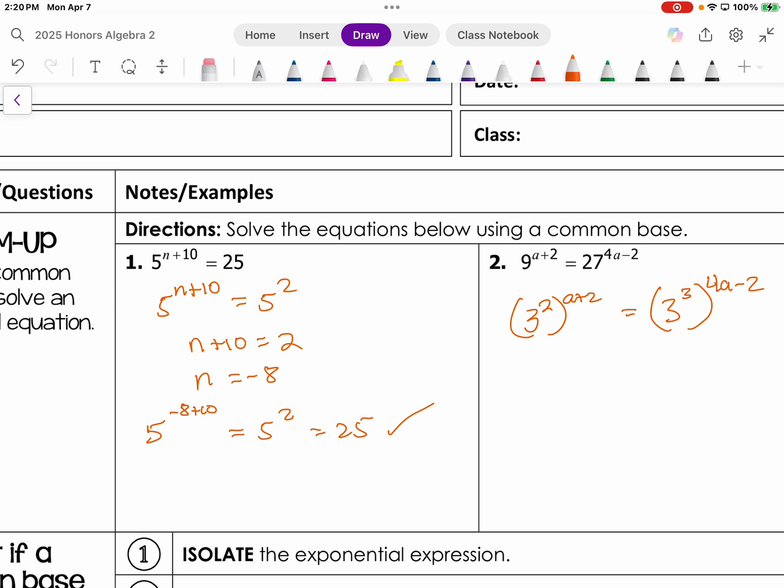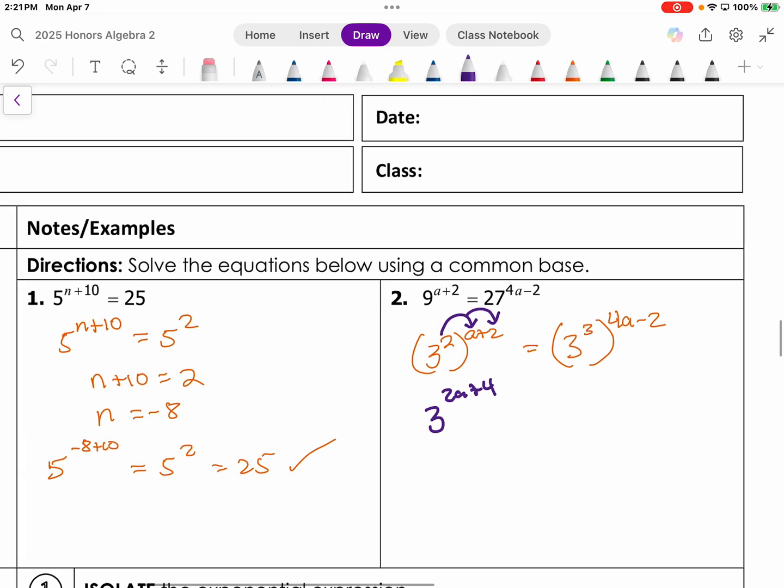The power to power law with exponents says if I have a power to power, I can multiply the two exponents together. So I take the power of 2 and distribute it to the a plus 2, which becomes 3 to the 2a plus 4.